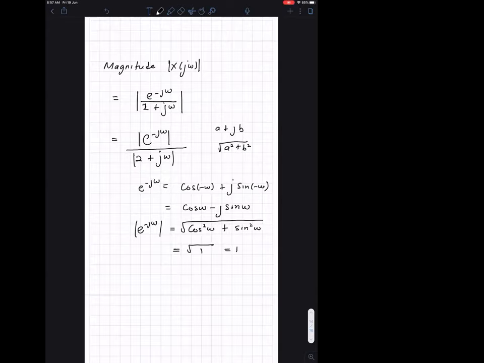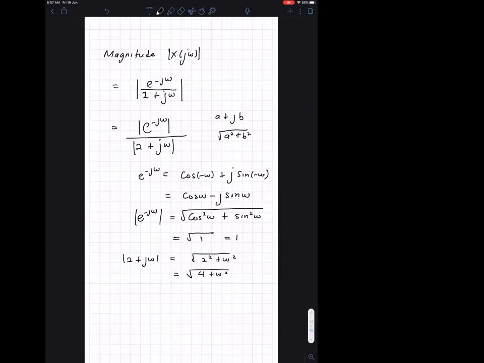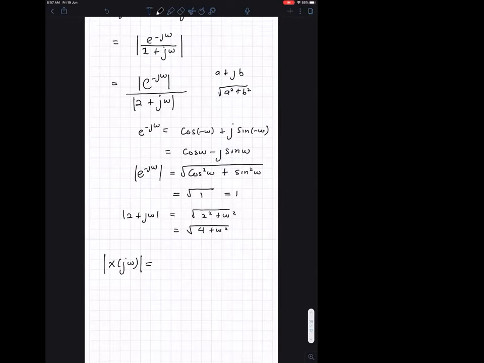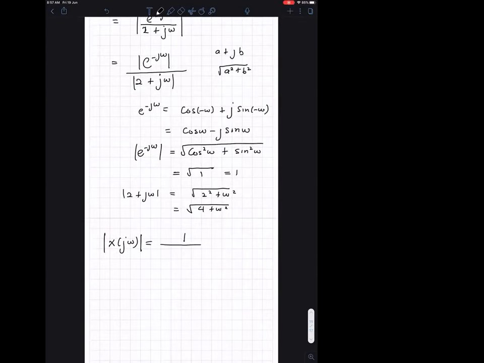Then the magnitude of 2 plus j omega is the square root of 2 squared plus omega squared, which is square root of 4 plus omega squared. Therefore, the magnitude is 1 over square root of 4 plus omega squared.